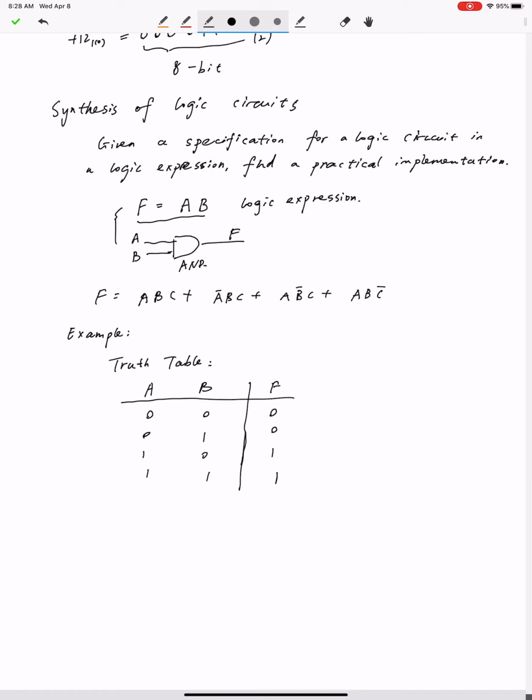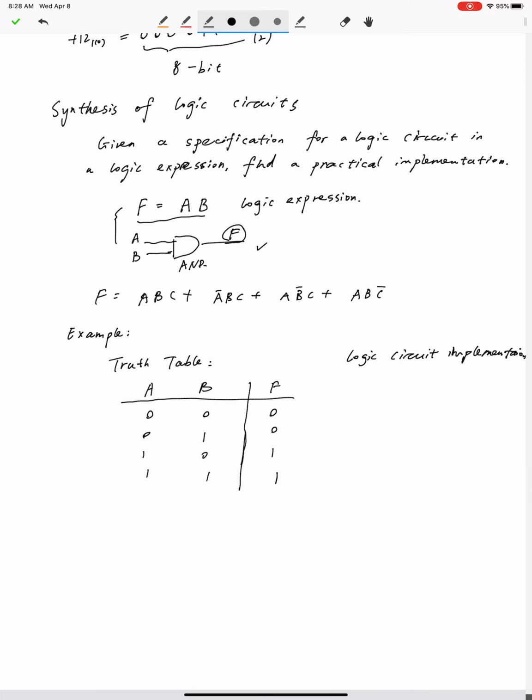Okay, so according to this truth table, can you find the logic circuit implementation? In other words, can you draw a logic circuit that represents the output F, right?